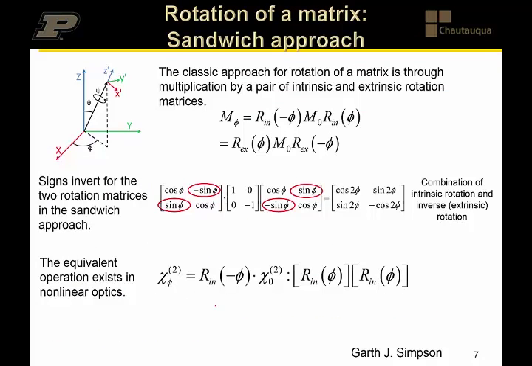What about rotation of a matrix? In this case, the standard classical way to rotate a matrix is to introduce two rotation operations in this sort of sandwich scheme, where we have our initial reference frame. This might be XYZ or X prime, Y prime, Z prime, the matrix described in that reference frame, and then we do, for example, two intrinsic or two extrinsic rotations, depending on how you want to look at them, and that yields the matrix in the rotated reference frame phi.